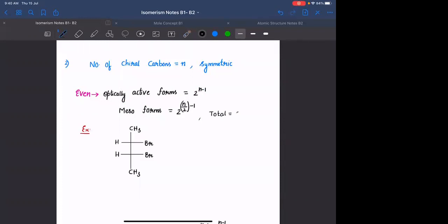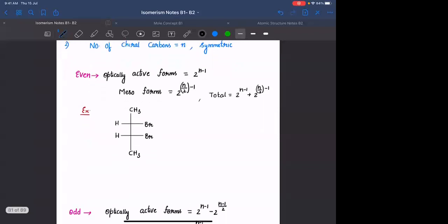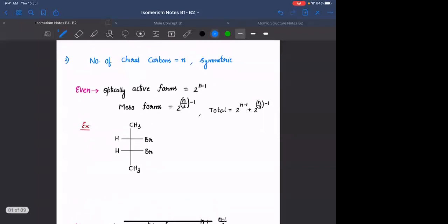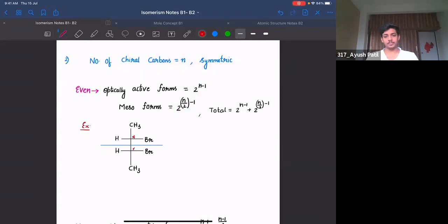Total equals 2 power n minus 1 plus 2 power n by 2 minus 1. The minus 1 is in the power, not below. This is a symmetrical molecule. Yes. Okay. Number of chiral carbons? 2. It will be even.